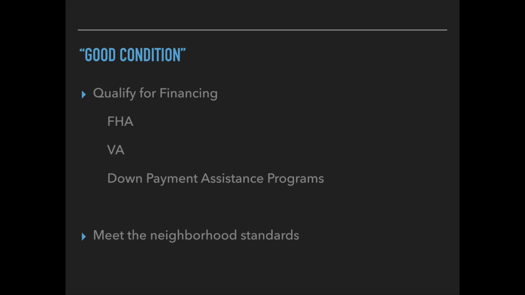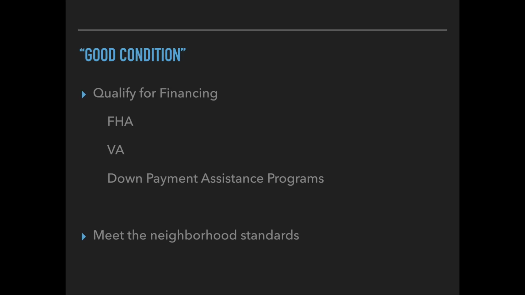Now, the neighborhood standards are a little different. So if I have a property in a great, upscale neighborhood, and the property itself is fine, like the carpet is okay, the paint's okay, the wallpaper is okay, maybe peeling a little bit, but the standard in the neighborhood is that it's an upscale community.